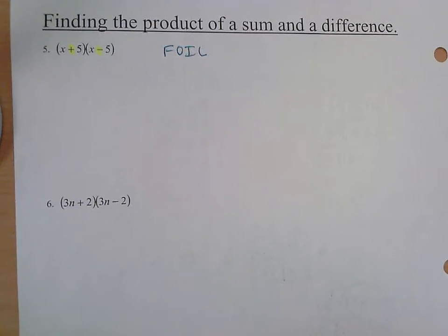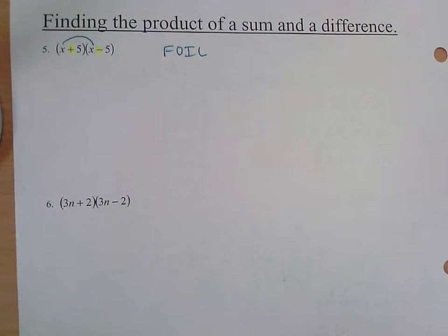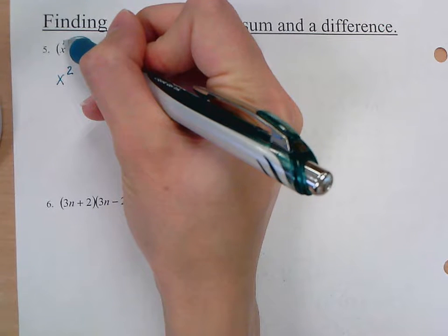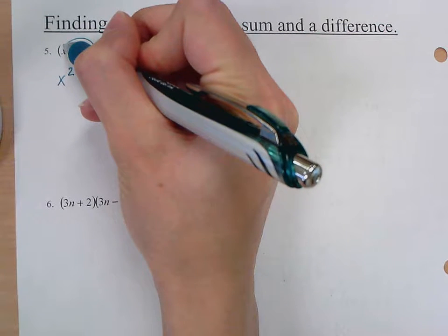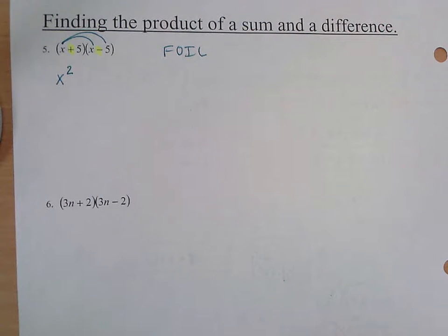Okay, so if I use FOIL for number 5, what is x times x? X squared. And then x times negative 5 is what?